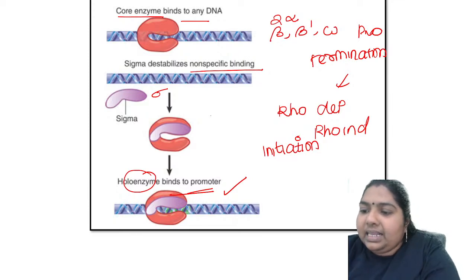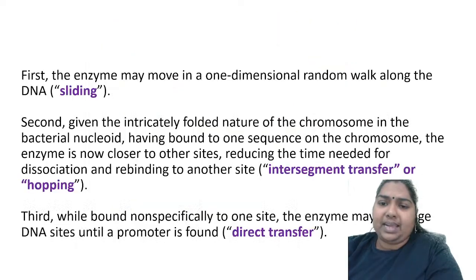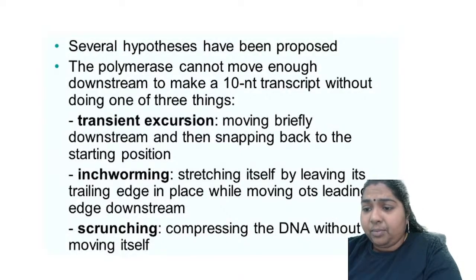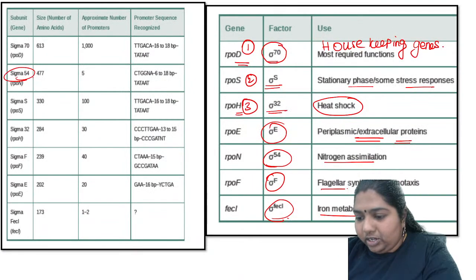These two are the important termination methods. The rho-independent one involves the poly U stretch. Once the termination is done, the RNA polymerase comes out and moves on.